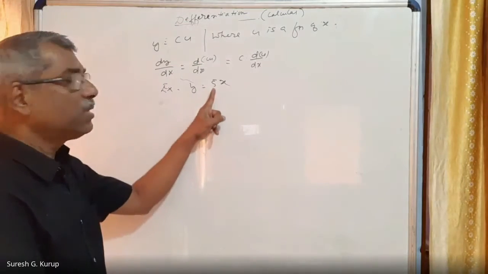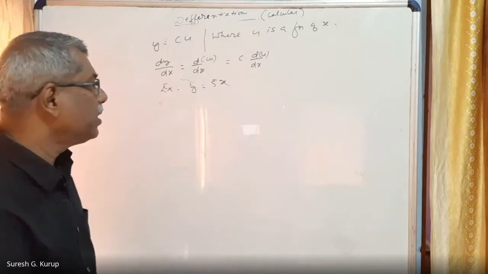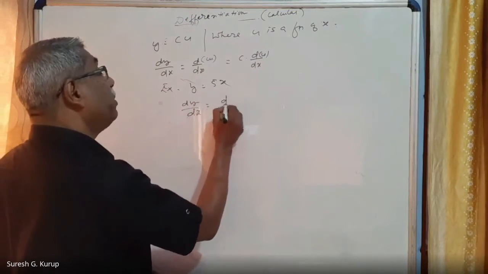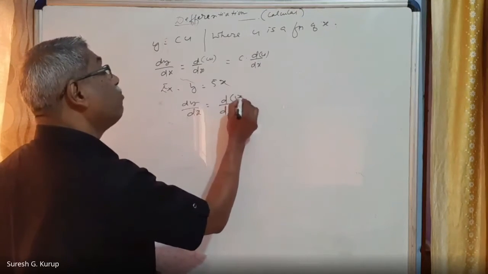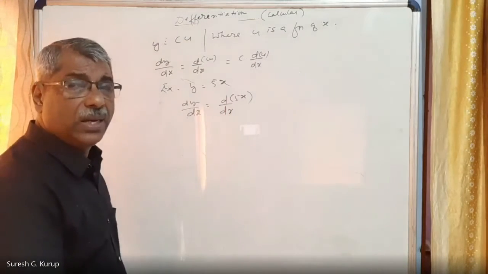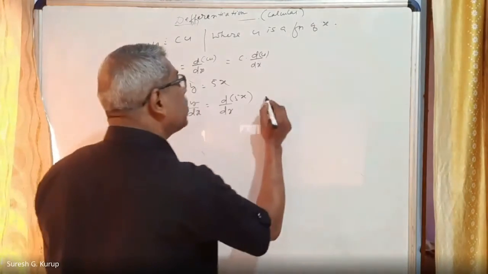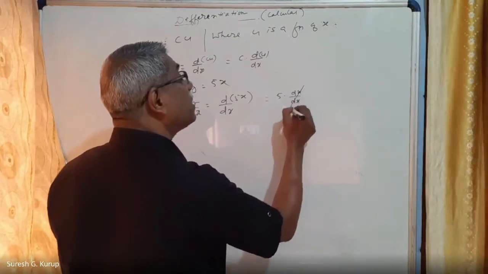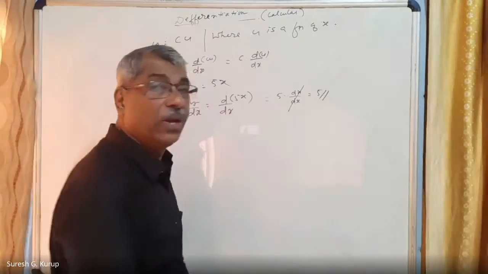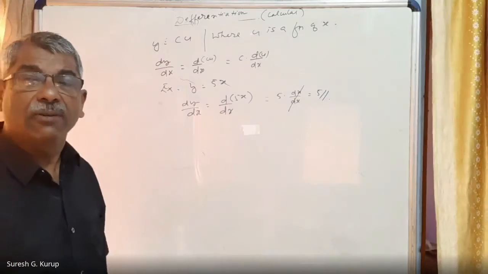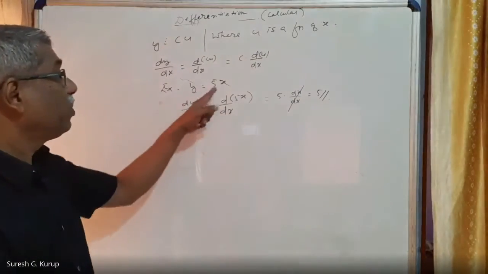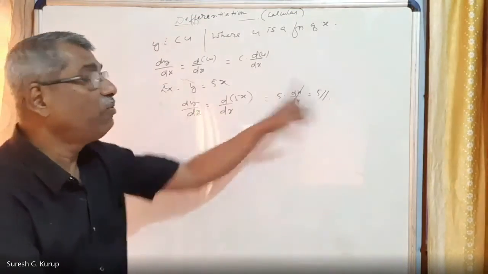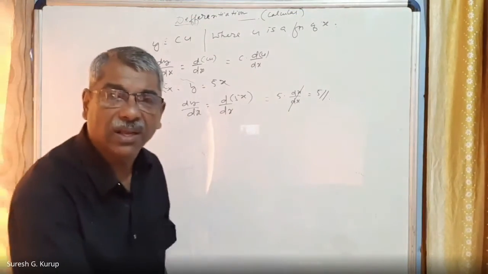And this 5 is a constant value, that is c. In this case, how can we calculate dy by dx? Dy by dx is equal to d by dx of 5x. 5 is taken outside. That is 5 into d by dx of x only. This cancels. You are getting the value equal to 5 only. So you have differentiated for the first time in your life. Y is equal to 5x differentiated. So the differential coefficient of 5x is equal to 5 only. Very, very clear. Very simple.